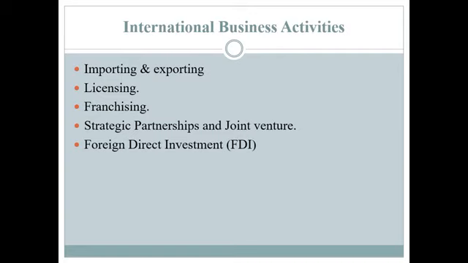Now why do they allow these people to use their copyrights and such intellectual property? They get royalty, they get income through that. The licensee means a person who is allowed to use such intellectual property. That licensee pays a fixed fund or fee to the licensor, that is called royalty.